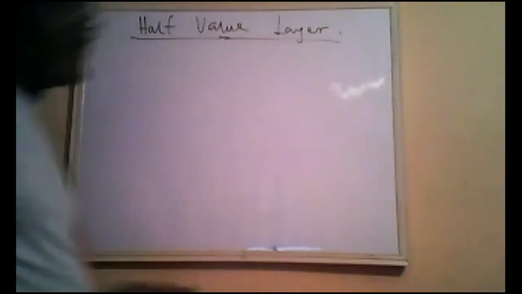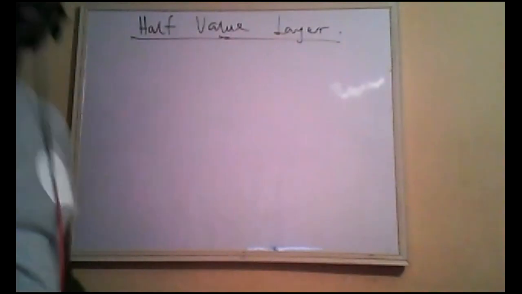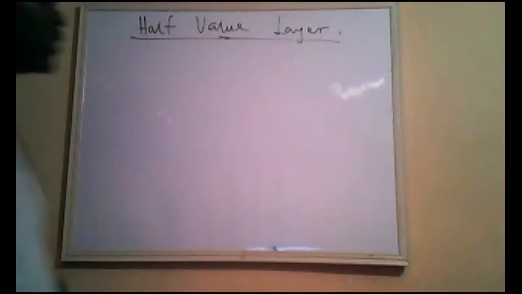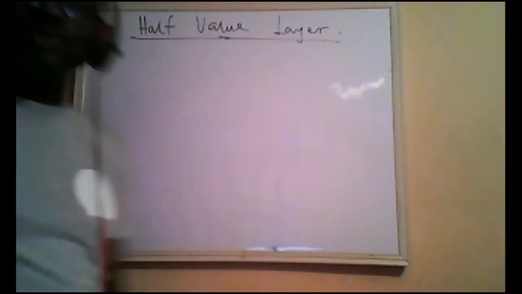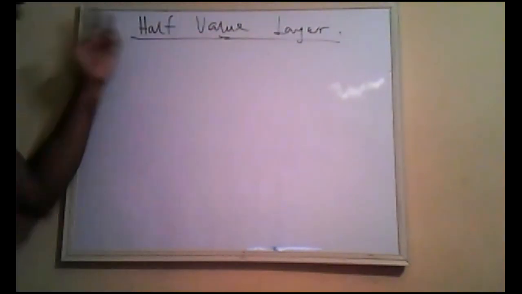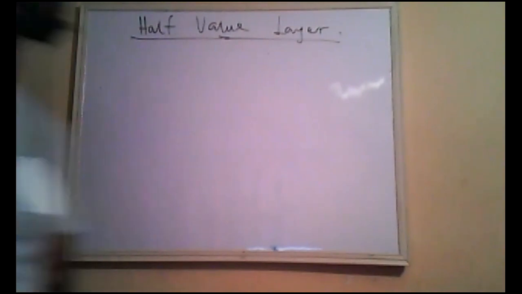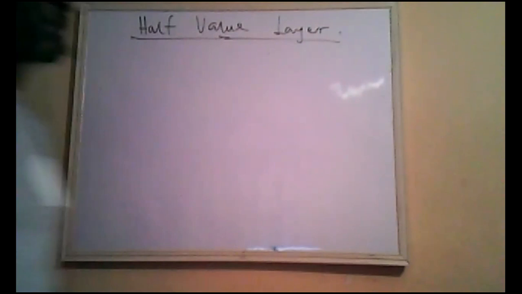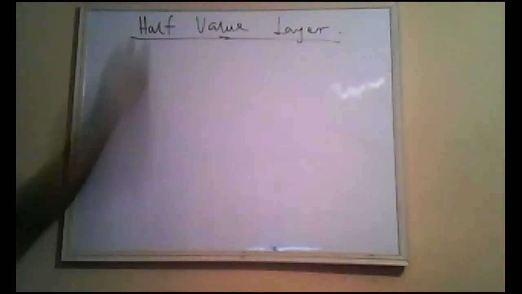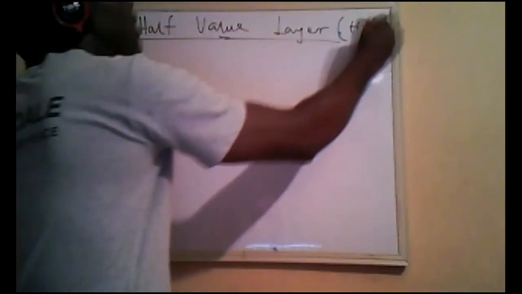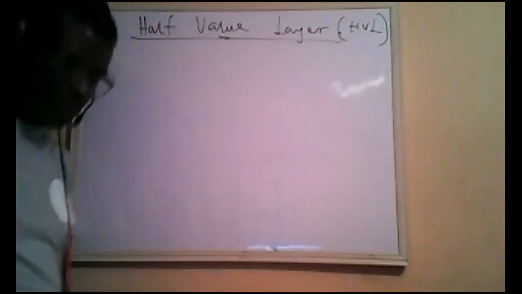At times we want to look at the energy of a beam, whether it is 50 kiloelectron volt, 20 kiloelectron volt, and so on. In order to do that, the half value layer can give us a rough estimate of the energy of the beam. A beam that has a high HVL is more energetic than one that has a low HVL.